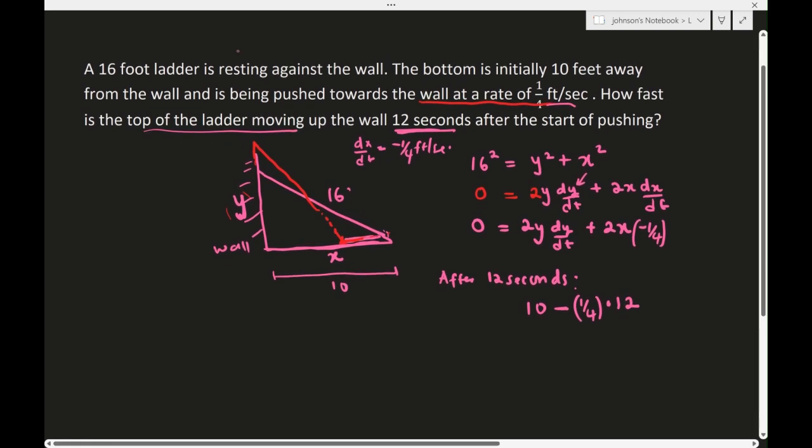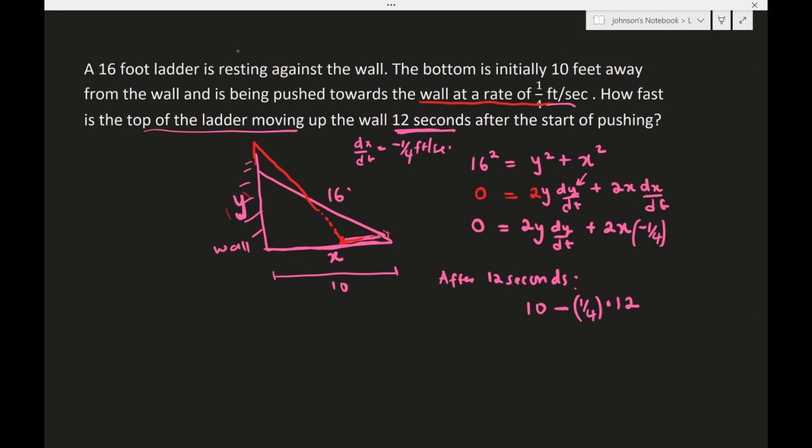So try to understand this. Remember, 1/4, even from the units, is 1 foot over 4 seconds. If you multiply this by 12 seconds, second cancels second. So it's just 12 times 1, which is 12, divided by 4.